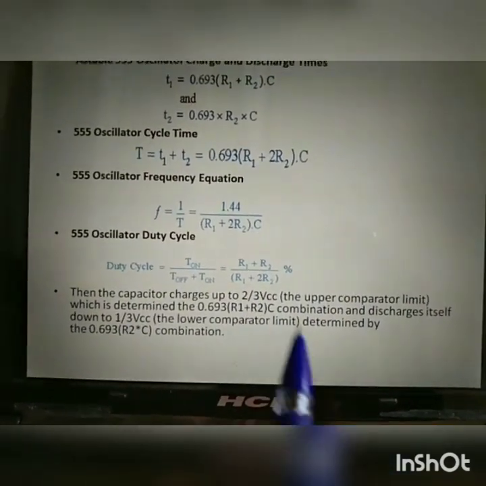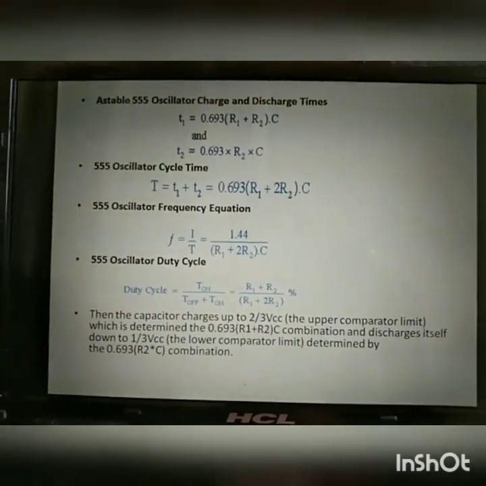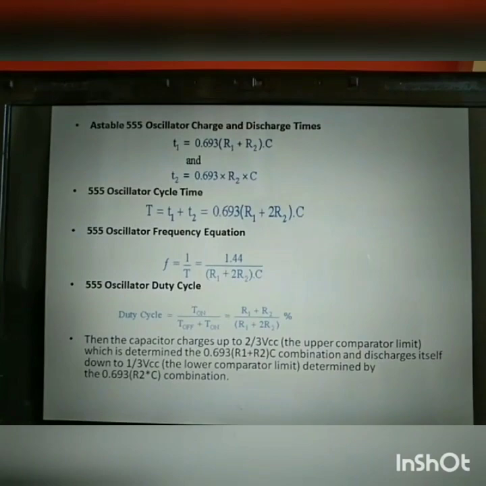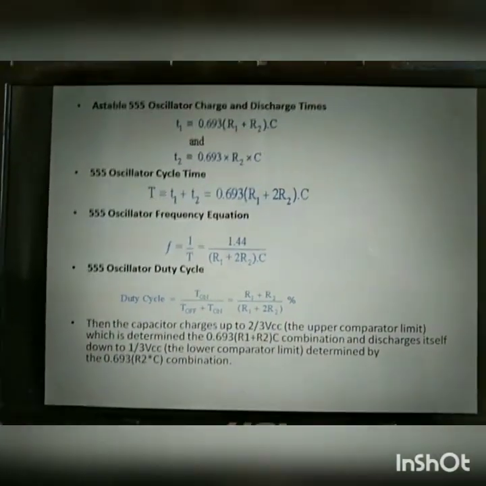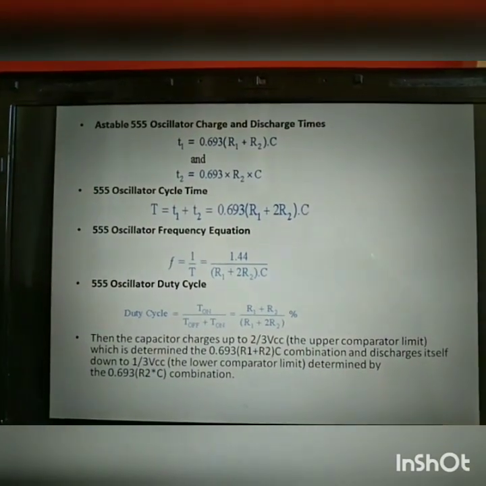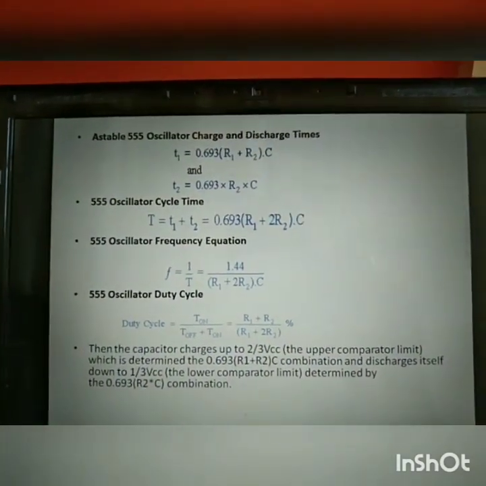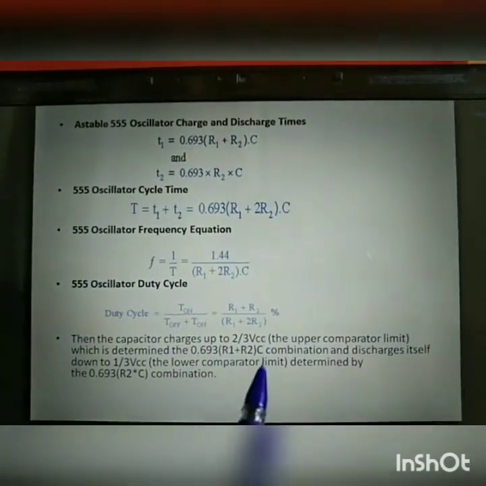It may be 60% or 70% duty cycle, depending on the resistors R1 and R2. The duty cycle changes with resistors R1 and R2. The capacitor charges up to 2 by 3 VCC, the upper comparator limit, through R1 plus R2, and discharges through R2.